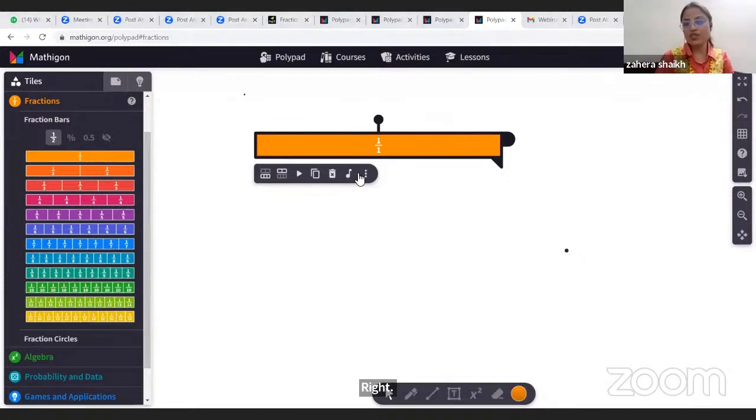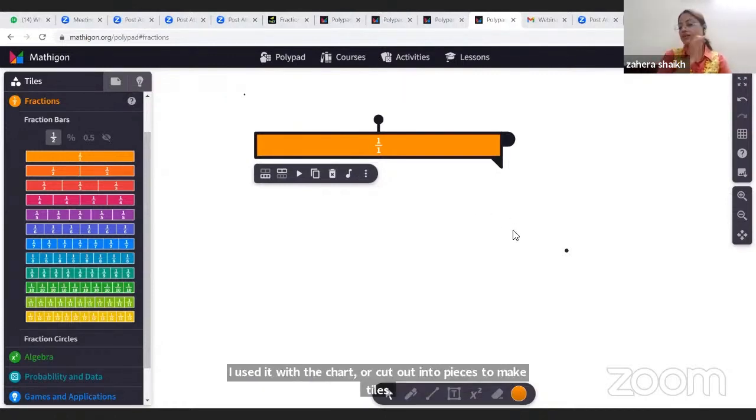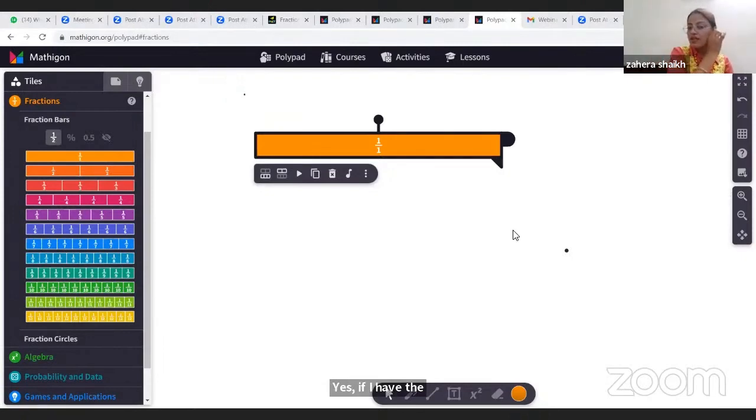Yeah, I used a chart or cut it into pieces to make tiles. Yes, if I have identical chart paper cutouts, then only it will be possible for me to explain and make the children understand how these fraction tiles are interconnected or equivalent.